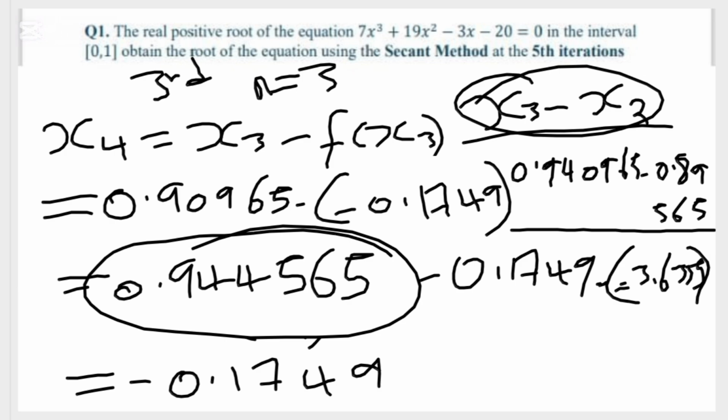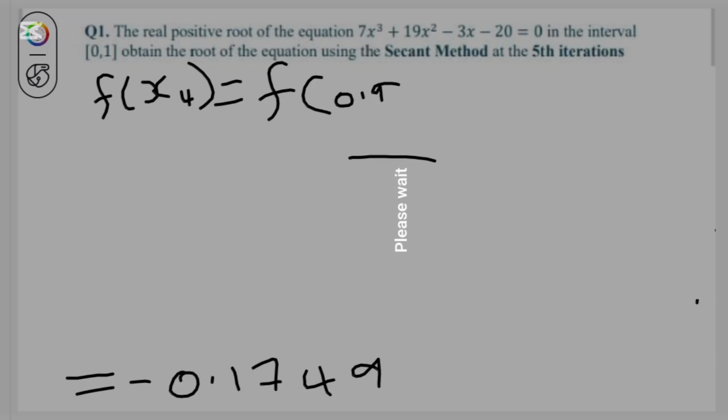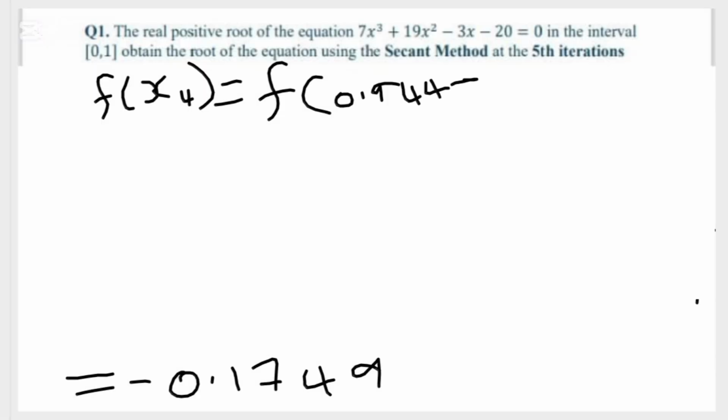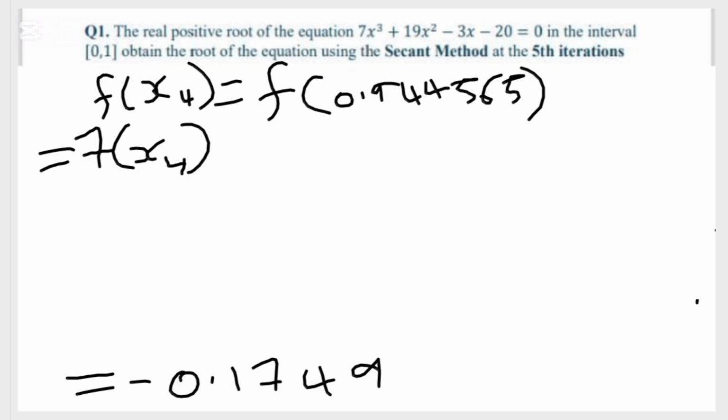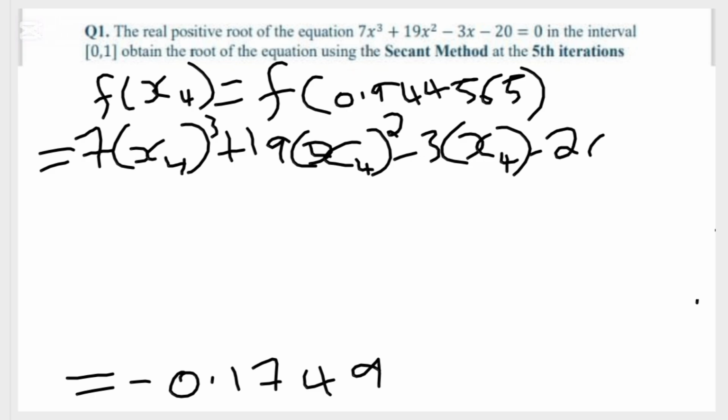So the next thing I'm going to do is find the function of x4 again. The function of this x4 is the same thing as 0.94465, whereby this is the same thing as x of 4 raised to the power of 3, plus 19 of x of 4 squared, minus 3 x of 4, minus 20.